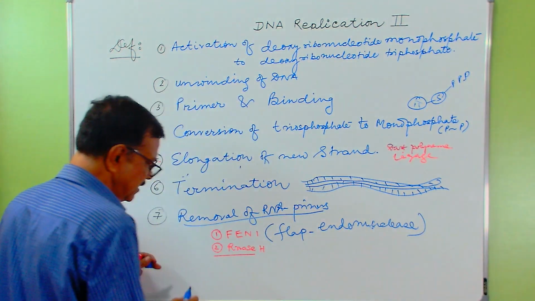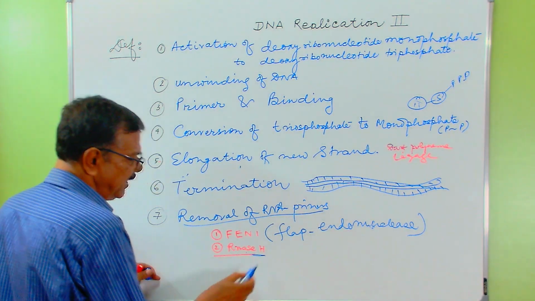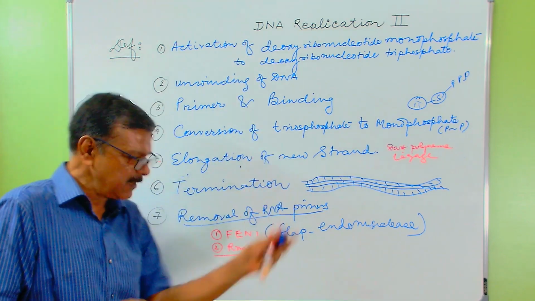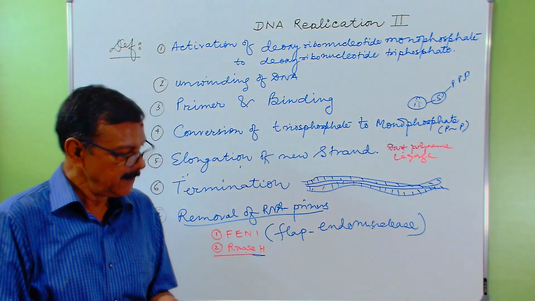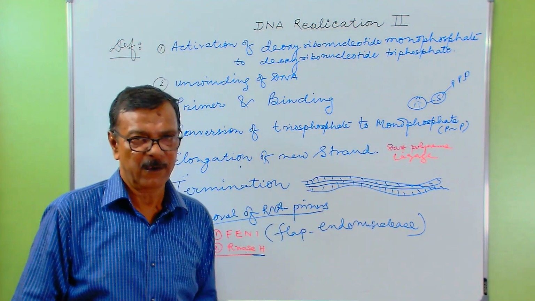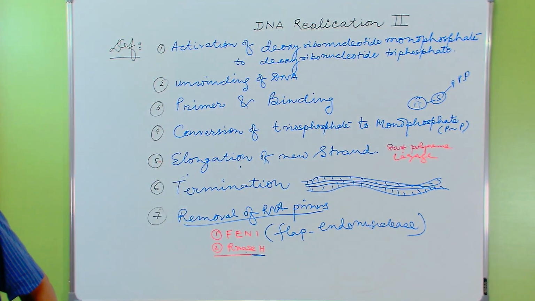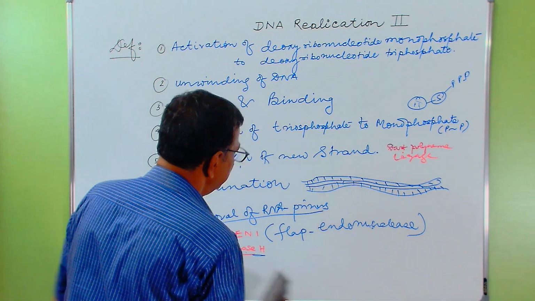Flat endonuclease and RNase H are the 2 enzymes of the replication machinery that remove the RNA primers used for elongation. Still it is not over. Still the replication is not over. How?